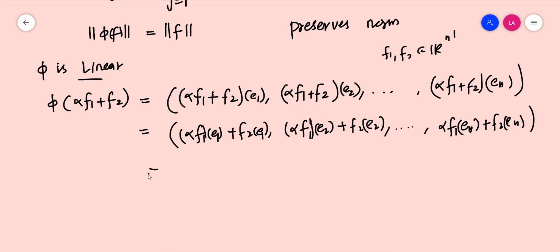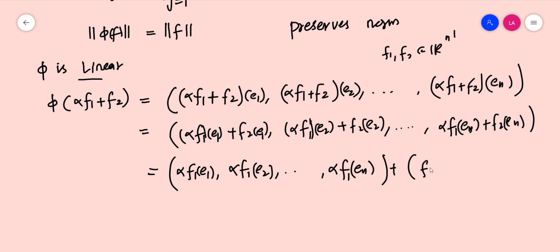By the properties of componentwise addition, we can write this as (alpha f1(e1), alpha f1(e2), etc., alpha f1(en)) plus (f2(e1), f2(e2), etc., f2(en)).